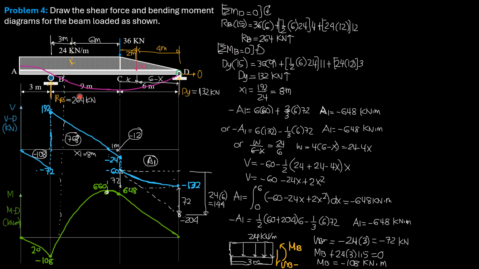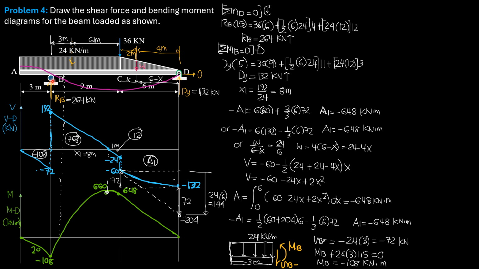So R sub B times 15, 9 plus 6, 15, equals 36 times 6, then plus moment of this triangular loading, 1/2 of 6 times 24, and 2/3 of 6 is 4 times 4, then plus the rectangular loading, 24 times 12, times moment arm 6 plus 6, so 12. So R sub B is 264 kilonewtons upward.